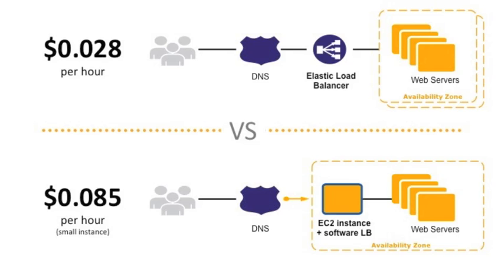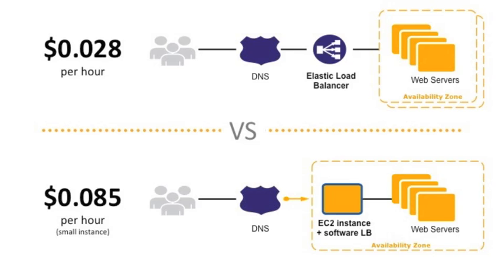Now, load balancing as a service costs us 0.028 per hour to use an ELB, versus running that on a small instance will cost you 0.08. And if you look at what can happen behind the scenes there as well, elastic load balancer is multi-availability zone, whereas a software load balancer is inherently in one availability zone.